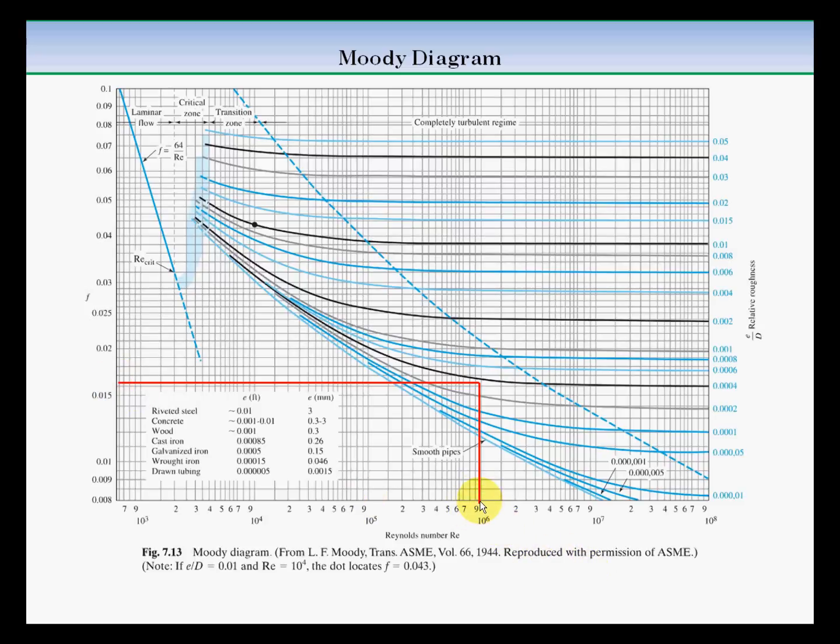At the same time, if the Reynolds number is same, but you change the pipe such that the relative roughness is 0.006, in this case, the friction factor will increase to 0.0332, I believe. So as you can see, the relative roughness determines what the friction factor is going to be.